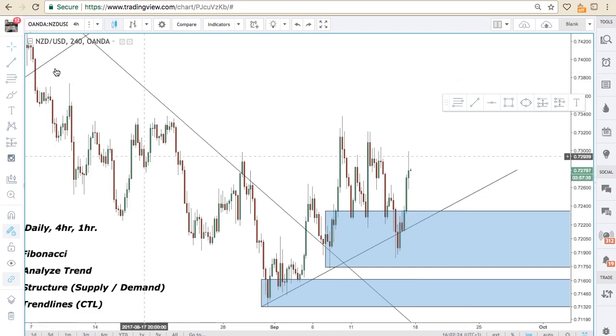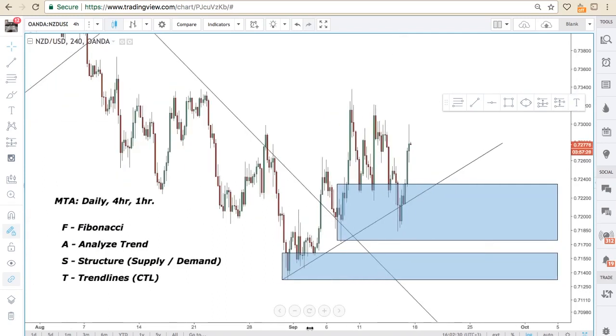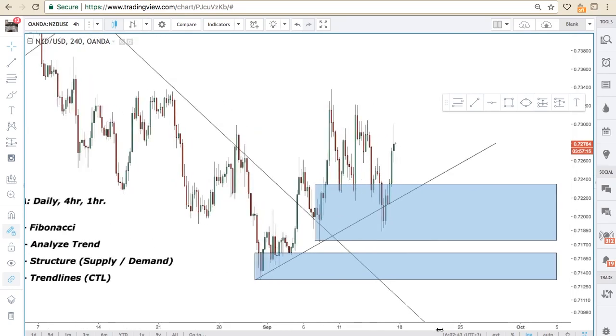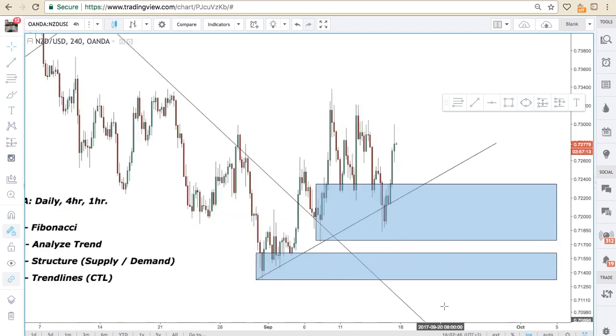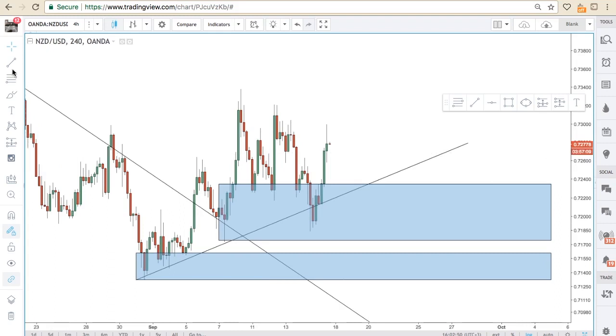Now, while we're on the 4-hour chart, let's take a look at our structure. I don't use Fibonacci as much for entries, other than for extra confirmation, right? That's when I start using Fibonacci, mostly on the 4-hour and 1-hour time frames, and we're going to see that in a second. So let's look at this. We have our daily demand zones here.